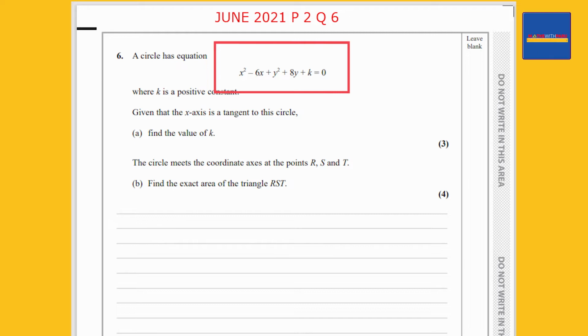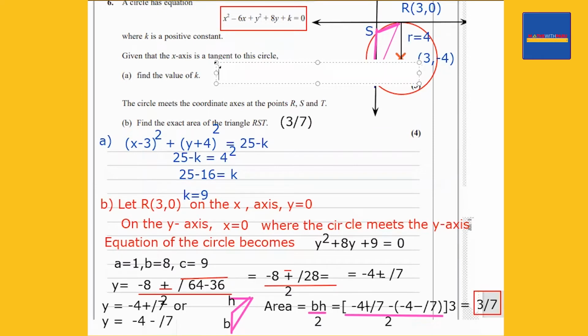So we know that if we are presented with a question like this, we complete the square. If we complete the square for x squared minus 6x, that would simply be x minus 3, the whole thing squared, minus 3 squared.